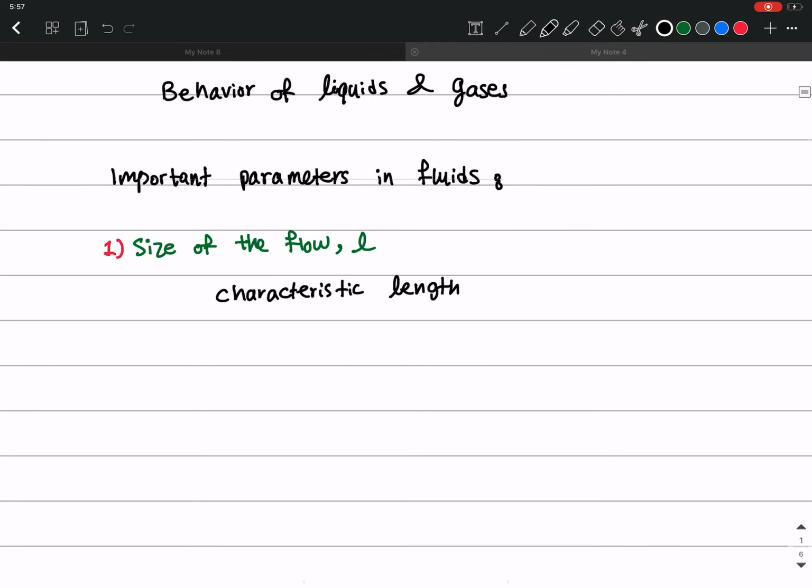For example, if you have a pipe flow, which is one type of flow that we will investigate in this course, imagine this is a pipe.